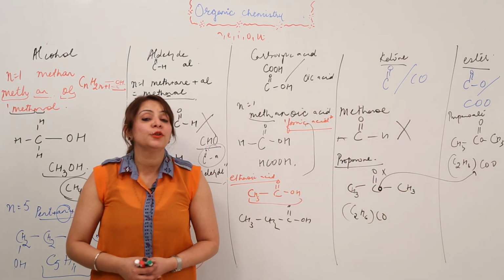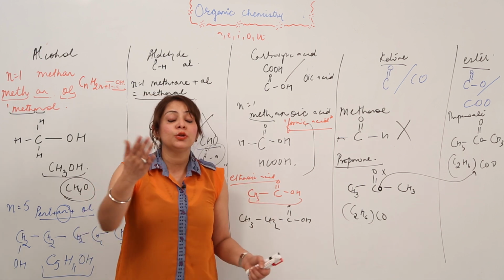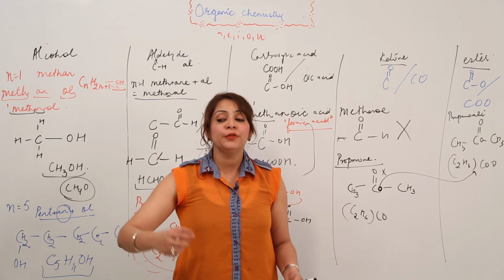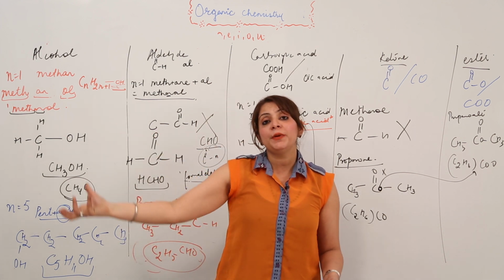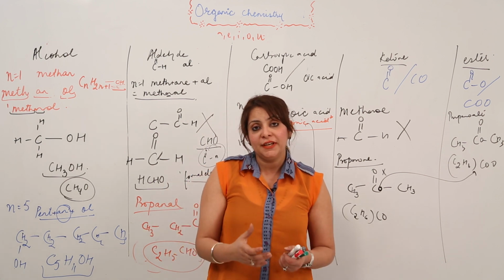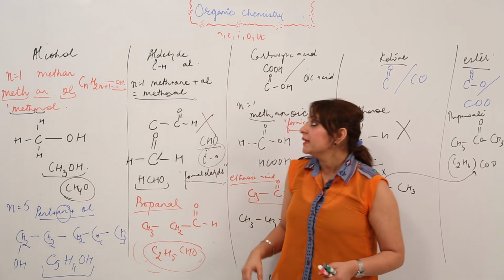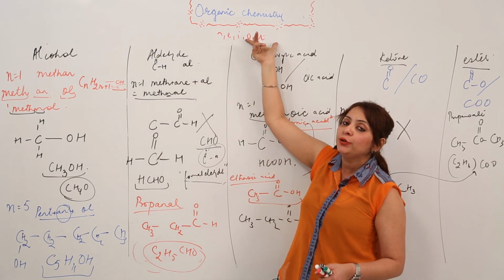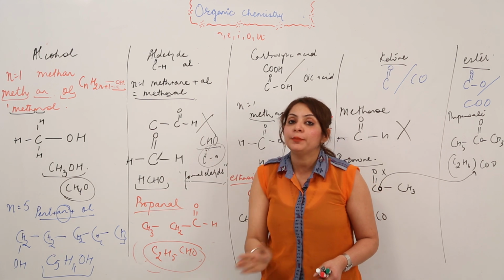I think it's clear. Before you make the members, just go through that chart that I told you. You need to remember the names of the functional groups, what kind of group indicates that particular functional group, and what the secondary suffixes are, right? A few more tips: whenever a functional group name starts with A, E, I, O, U, you have to drop the E of the primary suffix.